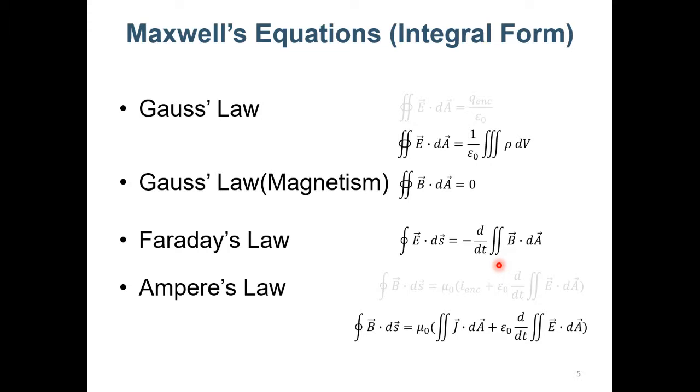And for Faraday's law, on the left side it is a line integral, so we keep it as a single integral, and this is a double integral. For Ampere's law, originally this is mu 0 I. I is a static current, or it may be time varying, but it is really a current.